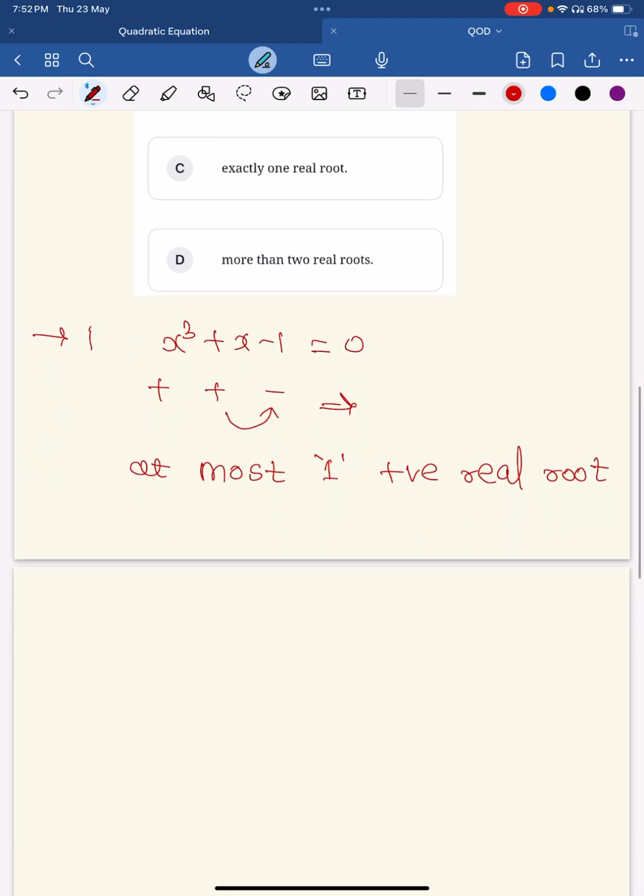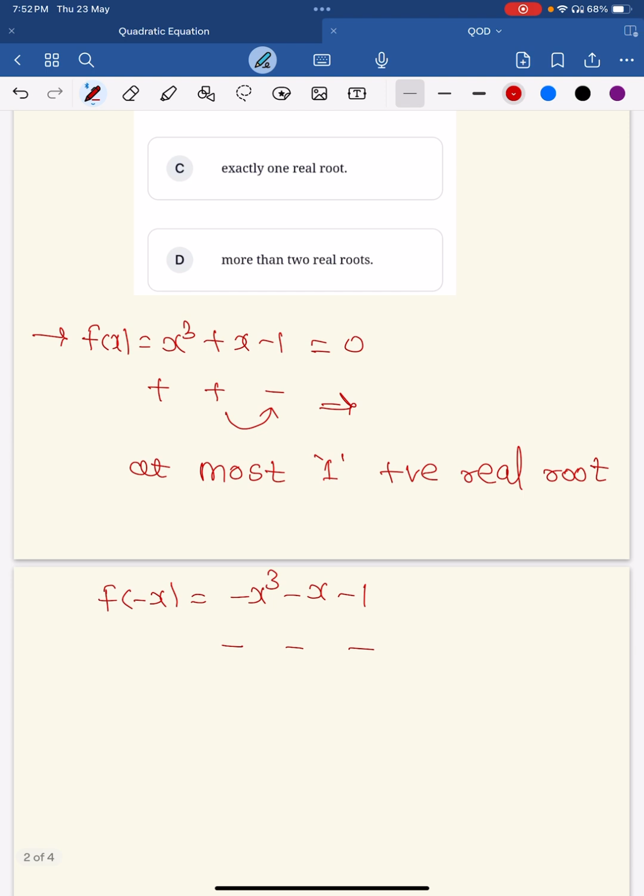We name this equation f of x. Now find f of minus x. So f of minus x we get minus x cube minus x minus 1. The sign of minus x cube is minus, minus x is minus, and 1 is minus, so there is no sign change.